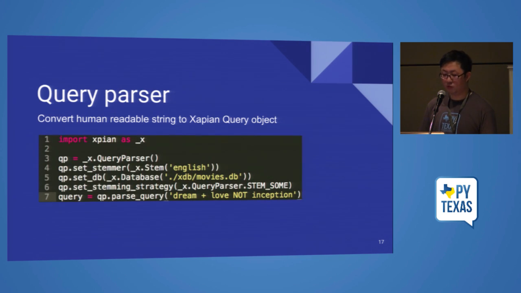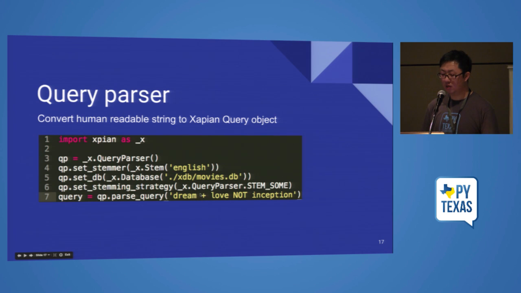This is how we use the Xapian query parser. It is useful when we want to convert a human readable string into a Xapian query. First, we set up the query parser, set the stemming, and tell it where the Xapian database is. Then we can start using the parse query method, providing just a string.